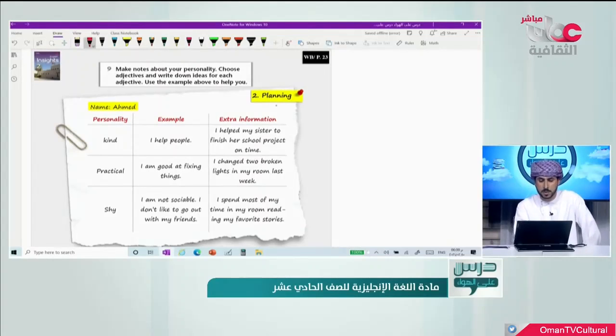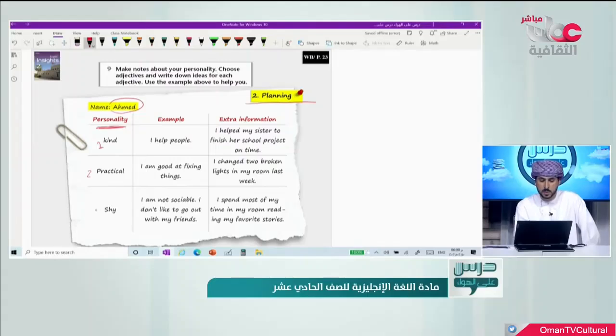Now this is, as we mentioned, the second step that we are in now. Let's imagine that Ahmed is writing about himself. So the personality or the adjectives that he will talk about: the first one is what? Kind. He is kind. Number 2, he is practical.